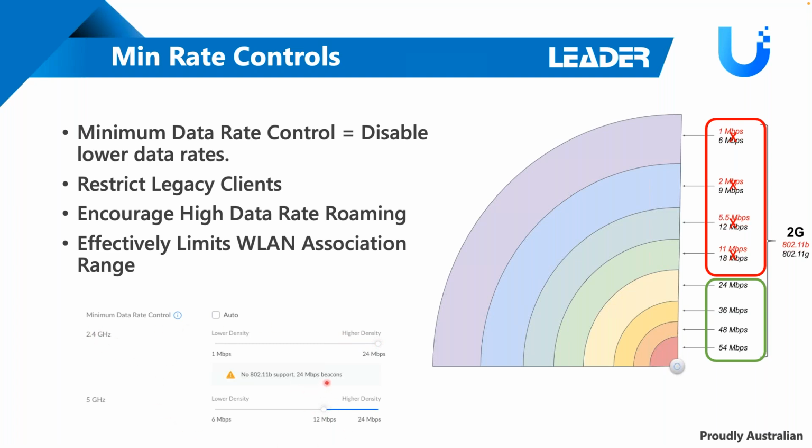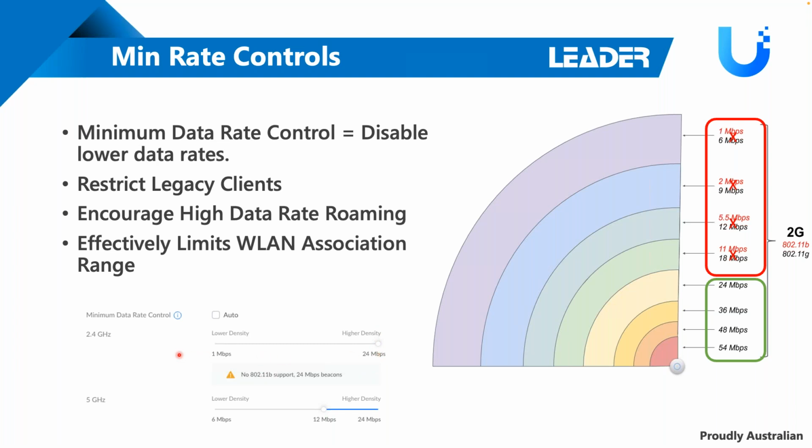And what we can effectively do through this is when that client device, that cell phone or laptop probes, if it probes at 1 megabit per second, instead of our access point replying and saying, yes, I can do 1 megabit per second, minimum data rate controls will dictate, based on the setting that I've set here, that it will respond only at X amount of data rate.